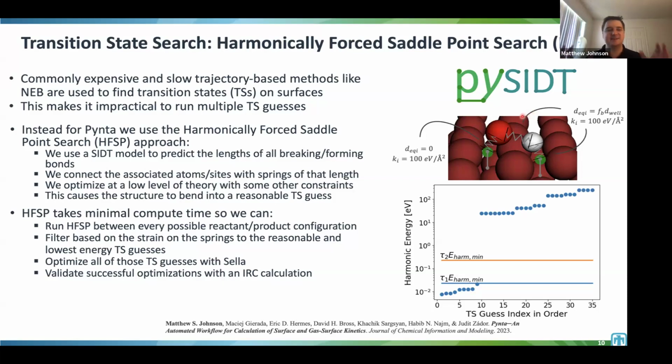The key degrees of freedom that we really care about, which is forming the transition state, are all constrained by these HFSP springs. So what we're doing at the low level of theory is not getting a transition state. We're just asking it to move everything else in a reasonable manner, essentially. So you could do it at DFT. It wouldn't cause any inherent issues, but it probably wouldn't help you that much either, if that makes sense.